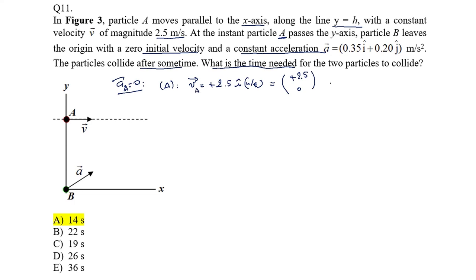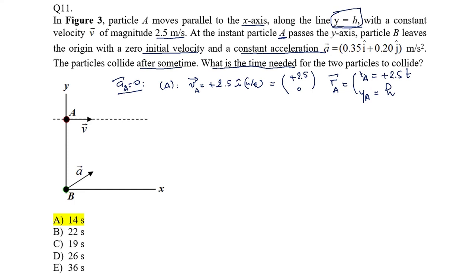Now, what is the position of particle A? Well, you know that the position of particle A, that's simple. He has an x component here. The x coordinate will be just plus 2.5 multiplied by t, and the y component of particle A is just h, by the way. And I did not give you h here, but anyway, you can find it later if you want.